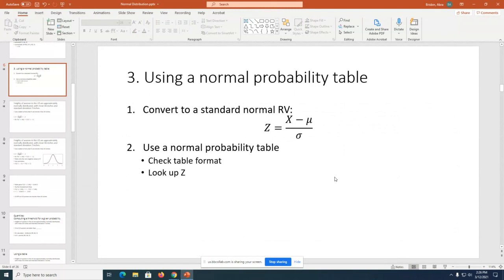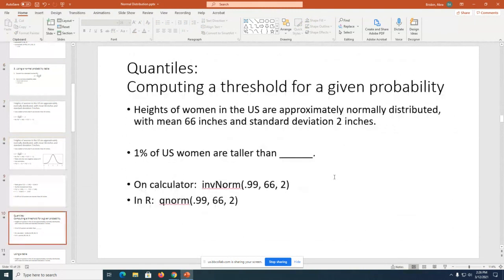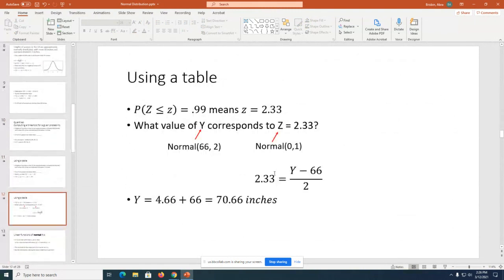And whenever you're working with the table, that's a standard normal distribution. So this 2.33 goes in the z position, and then we're solving for y or x. That's our random variable that has a normal distribution, but a mean of 66 and standard deviation of 2. Does that answer your question, Kyle?